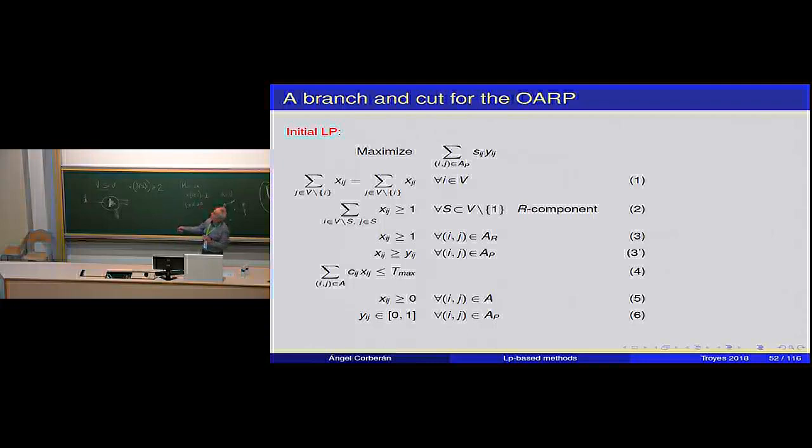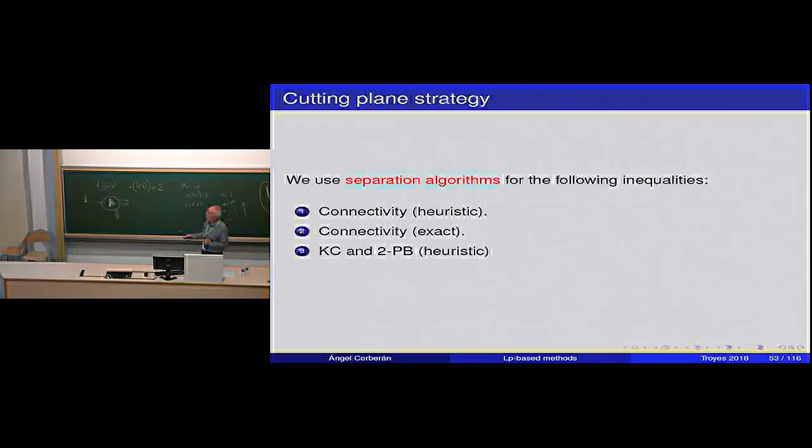Anyway, following this reasoning and based on our knowledge of the polyhedron and the kind of valid inequalities we have found for the problem, we developed a branch and cut algorithm whose initial LP is that one, using only a few of the connectivity inequalities.